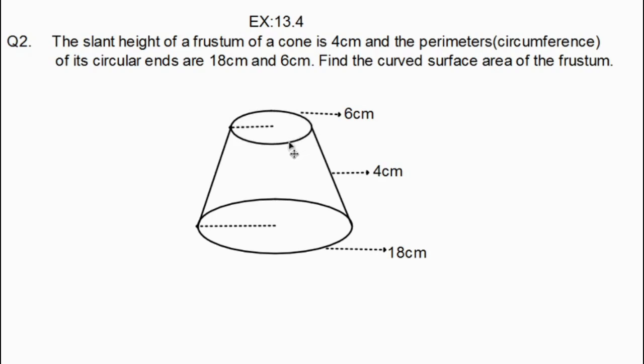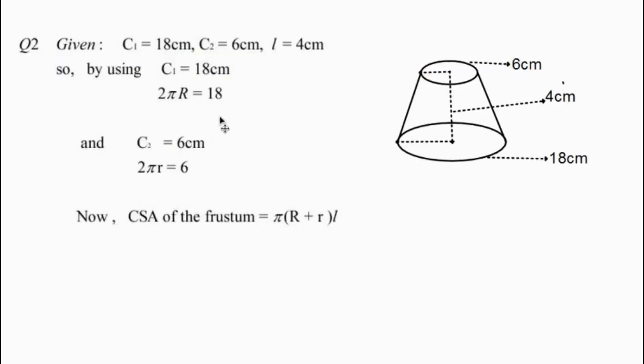So how do we find the radius from the circumference? Check this out. In the given, the circumference C1 is 18 cm, the circumference C2 is 6 cm, and the slant height l is 4 cm. C1 means the first circumference, which is 18 cm.